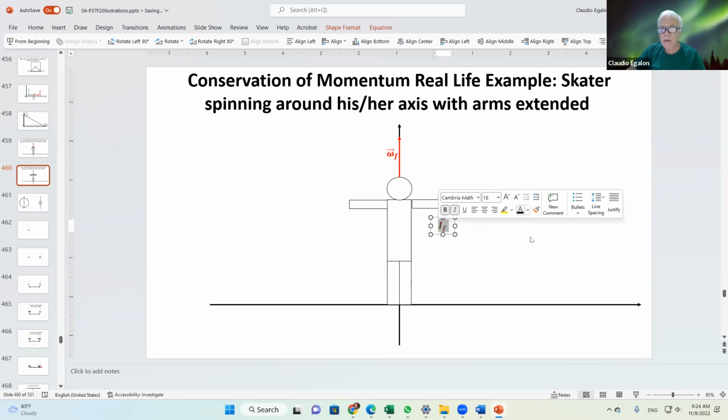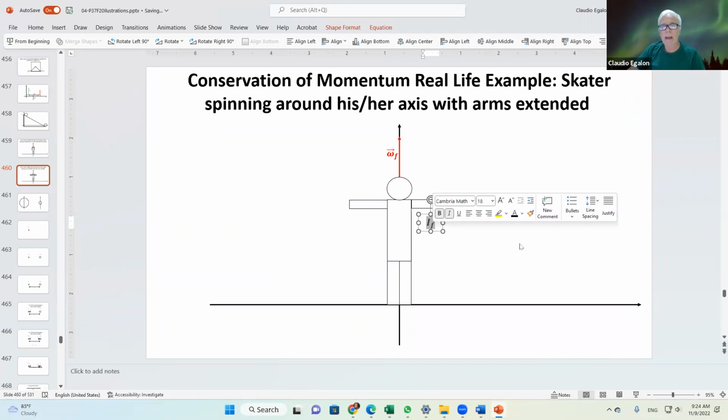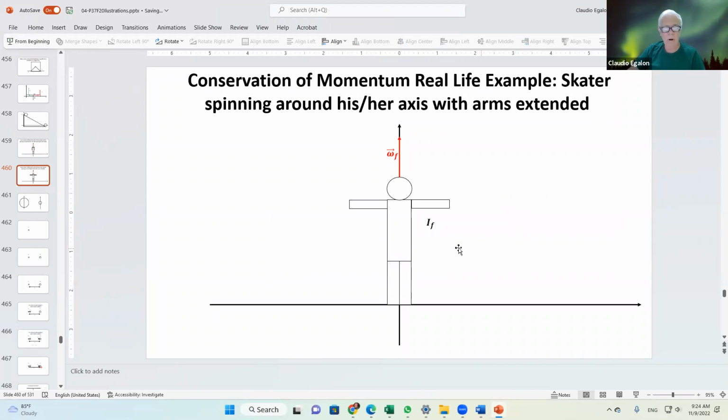And I'll change the color. Here would be the angular momentum of a cross. Actually it should be the angular momentum of a rod, right? A vertical rod plus the angular momentum of a horizontal rod.